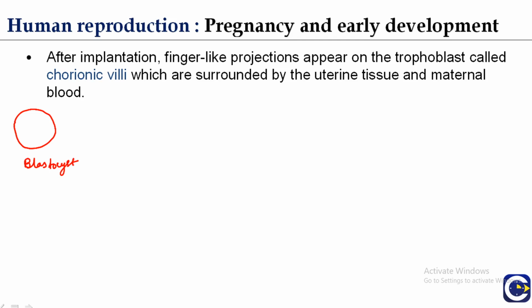So this blastocyst to the formation of gastrula, and during the development of the fetus there are further changes into this blastocyst structure, and finally there is the formation of the gastrula.